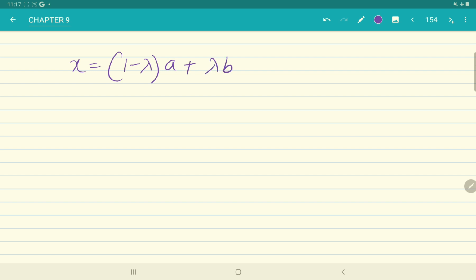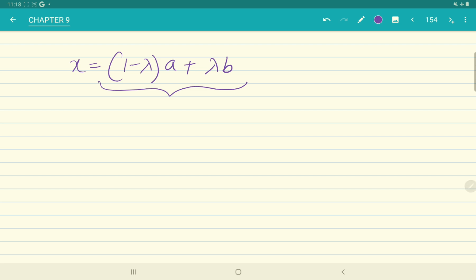What we see here is that as lambda takes on all values from 0 to 1, it starts from 0 and goes till 1, and this particular number takes on all values in a to b. It starts with a as lambda is 0, and as lambda goes upwards, this starts to increase. As lambda reaches 1, this becomes b.